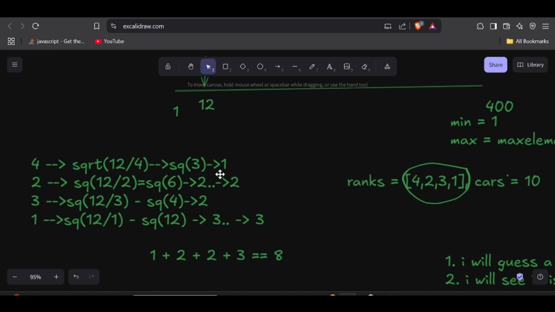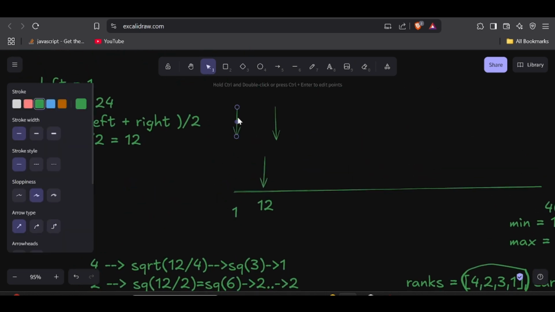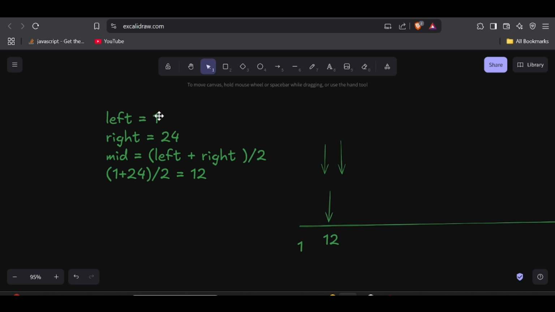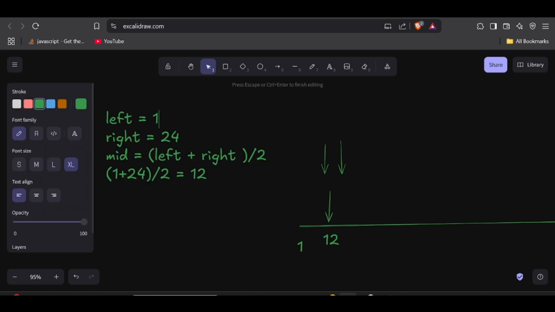So what we will do when it is not a possible solution, we will take our left, put it mid plus 1. What was my mid? My mid was 12. So I will put my left to mid plus 1, 13. Okay, and my right will remain unchanged this time.